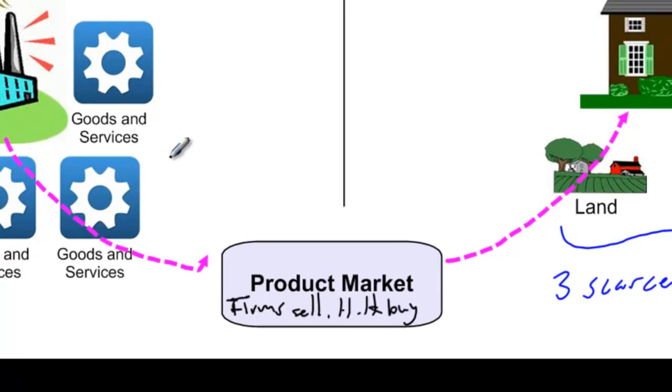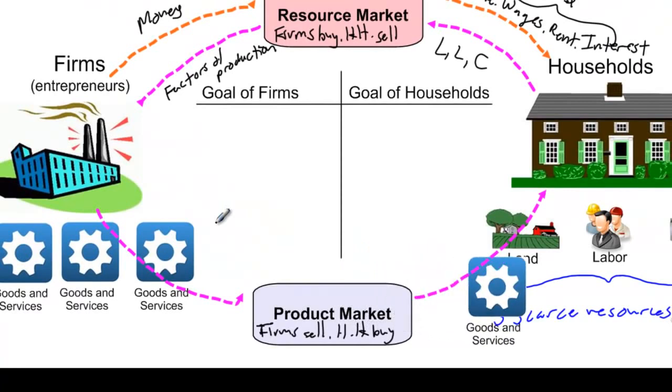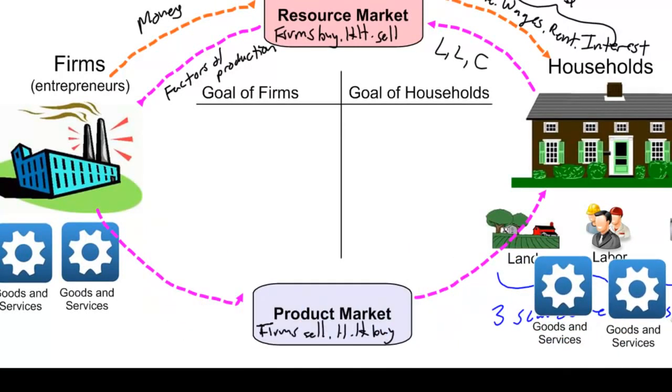Of course, nothing is free in a market economy. In order to acquire these goods and services that they so demand, we can see goods flowing to households, but that doesn't come free. Money must change hands. Money must flow clockwise from households to firms, so that firms are earning the profits that they so desperately seek. And that, of course, is the orange arrow in our circular flow model.